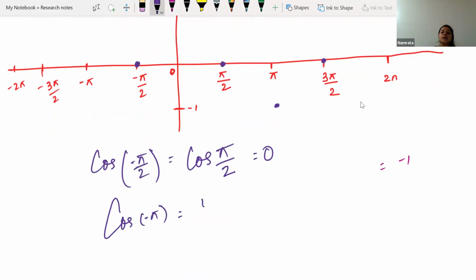It is cos pi. Why am I writing angles like that? Because in the previous class I discussed that cos of minus theta will be only cos theta, and sine of minus theta will be minus sine theta, right? So cos pi, what is the value? Check it, -1. So cos negative pi will be -1.